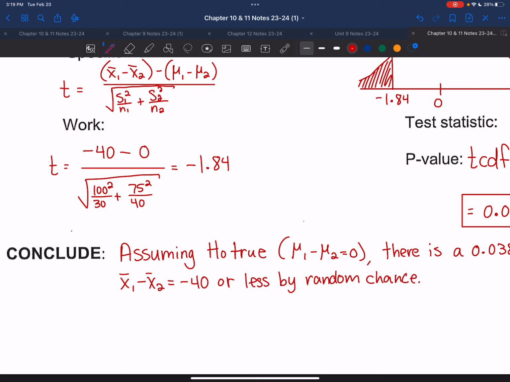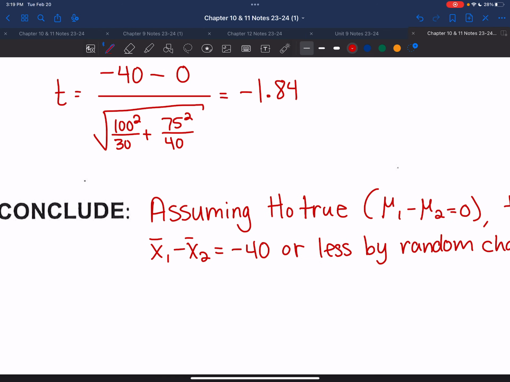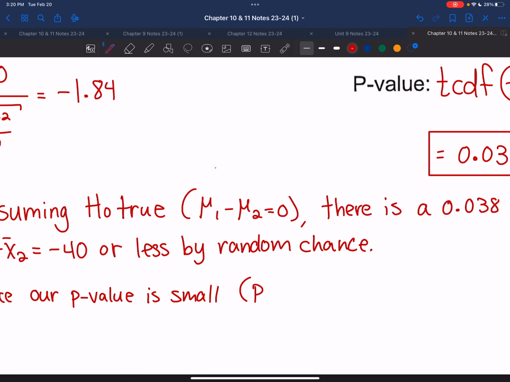Okay, and now our significance level is 0.05. So since our p-value is small, okay, in parentheses, I'm going to put p-value equals 0.038, which is less than our significance level of 0.05.